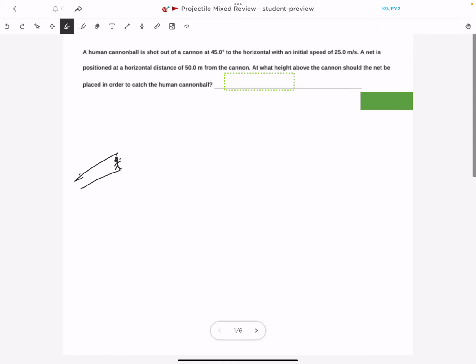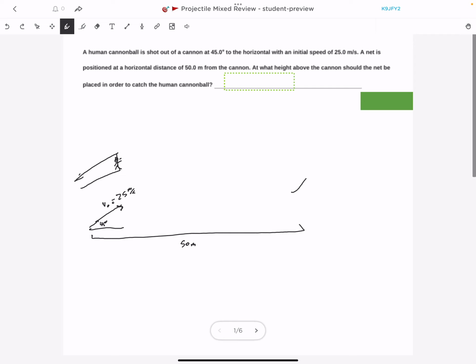His initial velocity is going to be at 45 degrees, V naught, and we know that V naught is equal to 25 meters per second. And then there's going to be a net positioned at a horizontal distance of 50 meters.